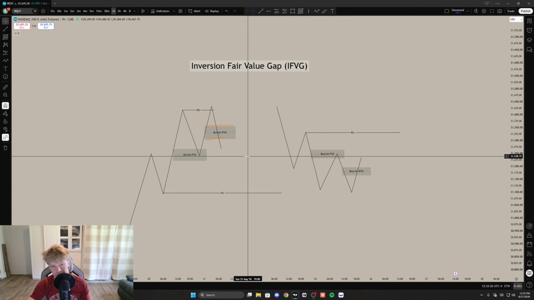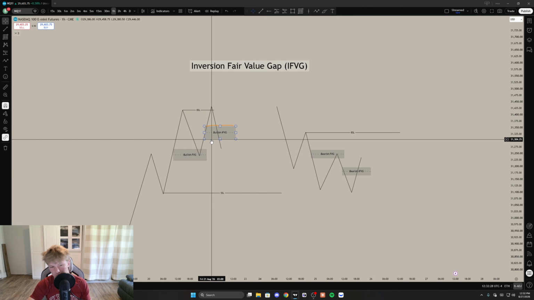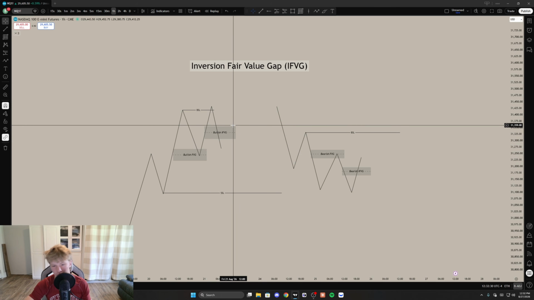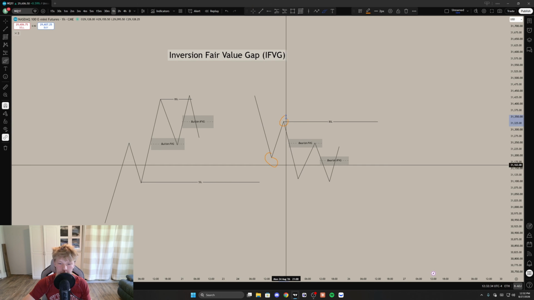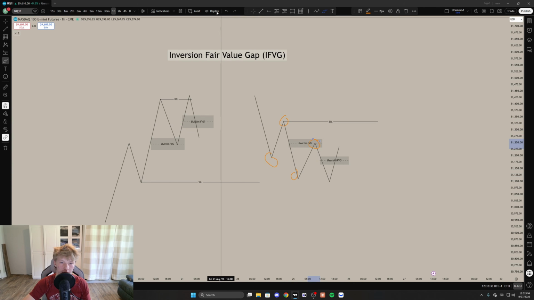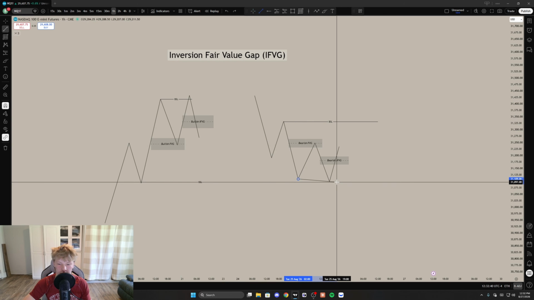Okay. Also, for a bearish example, we have a bearish market creating lower highs and lower lows here. We are respecting a bearish fair value gap, and then we sweep out sell side liquidity here.